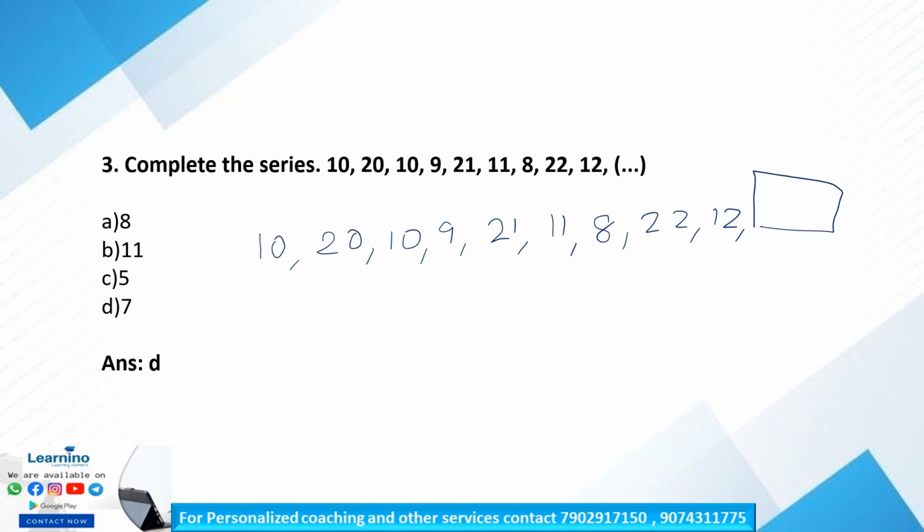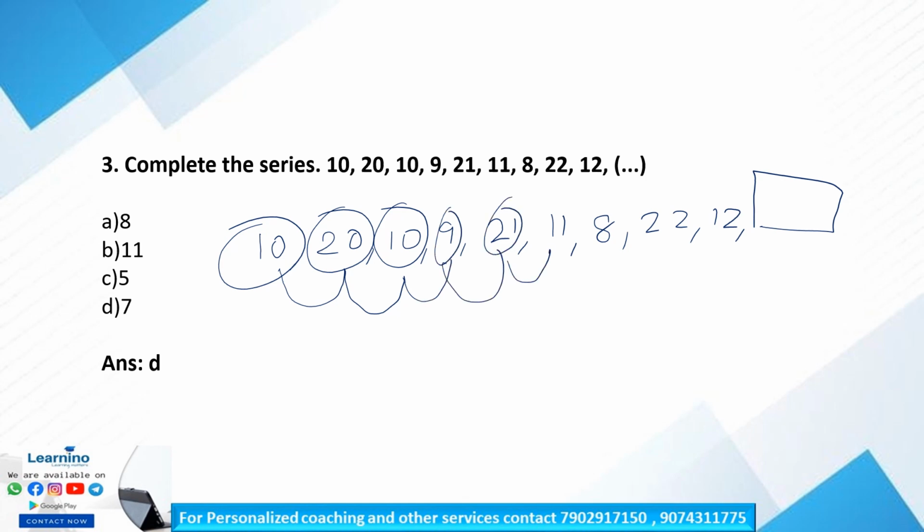It cannot follow a particular pattern. Seeing the first and second, then second and third, 10, 20, 10, there won't be any pattern in it. Again it is 9, then it is increasing, then decreasing, then again decreasing, then increasing and then decreasing.